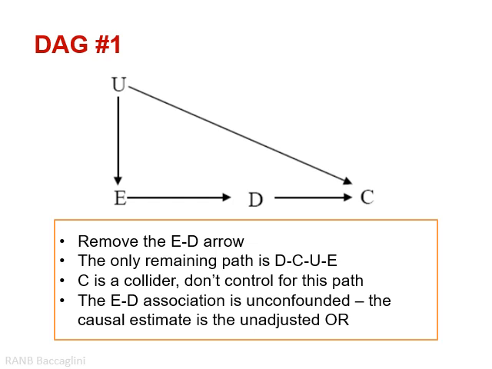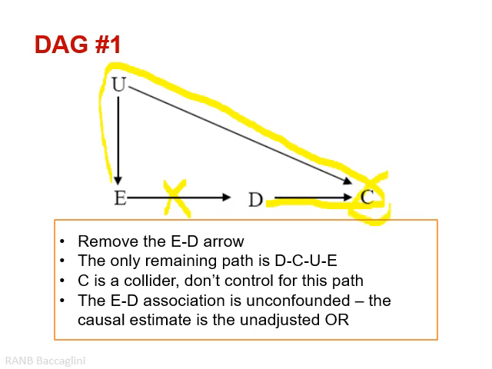Let's take a look at this example. First, we want to remove the arrow going from E to D, so that we ignore that. There is only one path left. It's E, U, C, and D. Now, do we have a collider in this path?